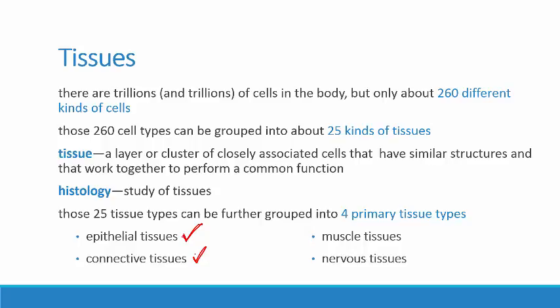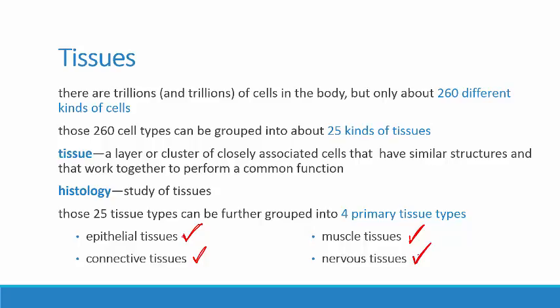There's the muscle tissues, those tissues that are responsible for making movement, for contracting, for getting smaller and then relaxing and lengthening again. And then finally there are the nervous tissues, and these are the ones that are responsible for communicating from one portion of the body to another.